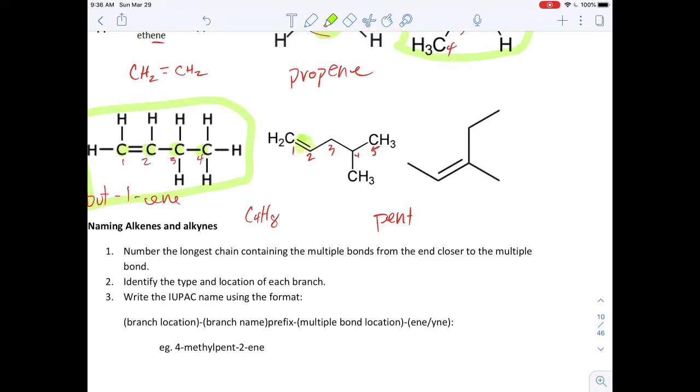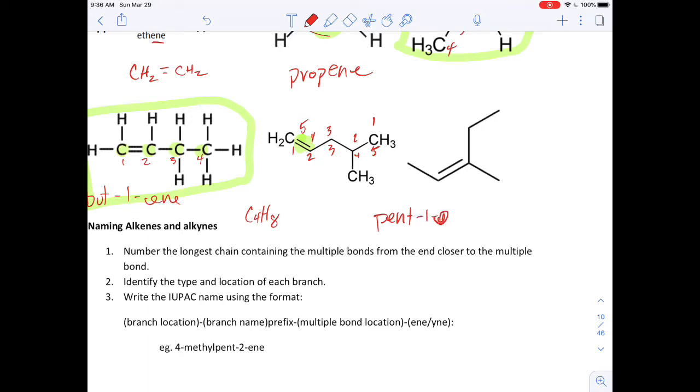But instead of counting from the other side, so if I went 1, 2, 3, 4, 5, I would have counted that way if this was an alkane, because there would be no double bond. But as soon as there's the double bond, we need to have the double bond closer to the end of the molecule. So I'm actually going to call this a pent-1-ene.